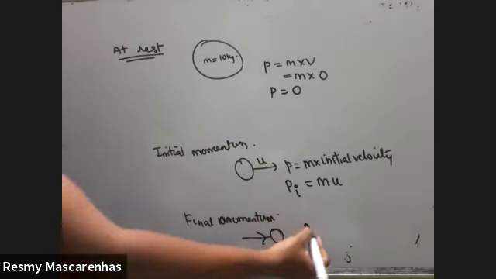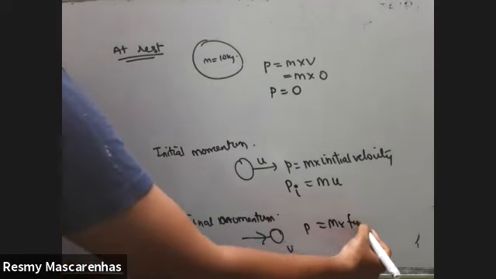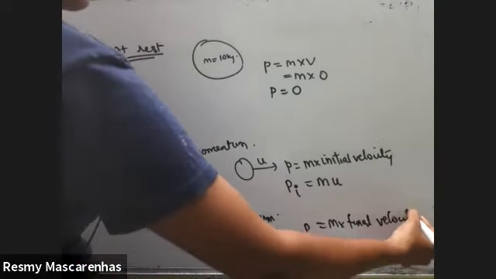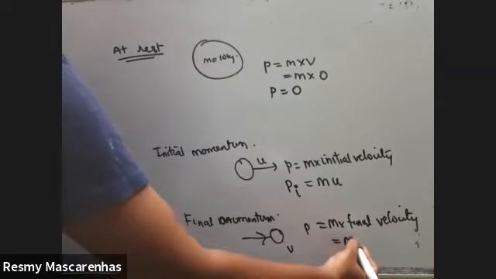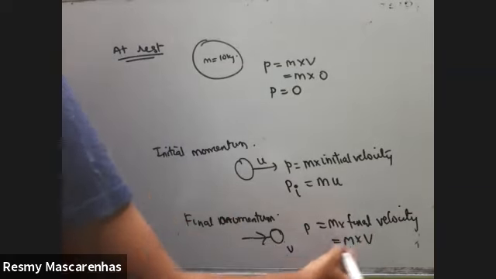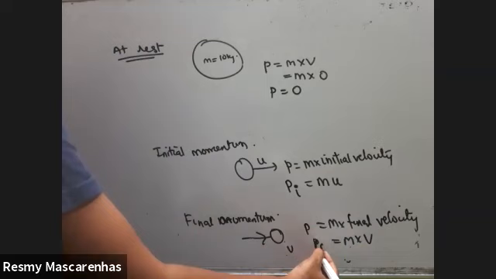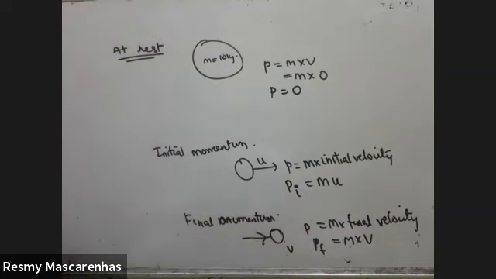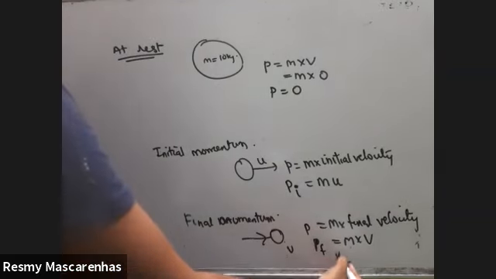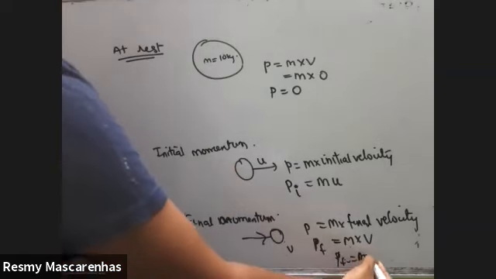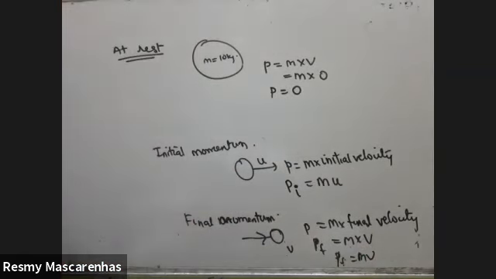So P will be M into final velocity. That will be V, and this letter is used as PF. Final velocity momentum is given as MV. So initial momentum is mu, final momentum is mv.